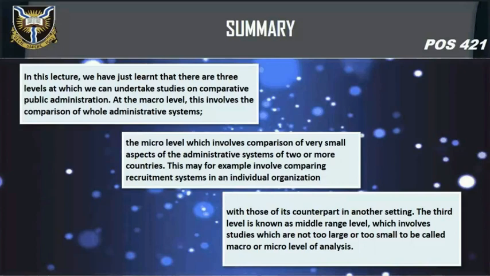This may, for example, involve comparing recruitment systems in an individual organization with those of its counterparts in another setting. The third level is known as the middle range level, which involves studies which are not too large or too small to be called macro or micro level of analysis.